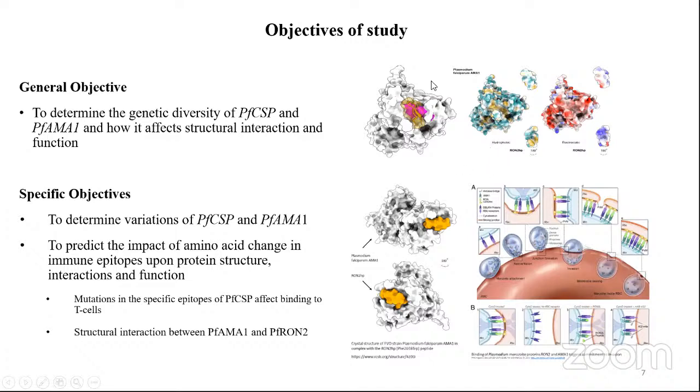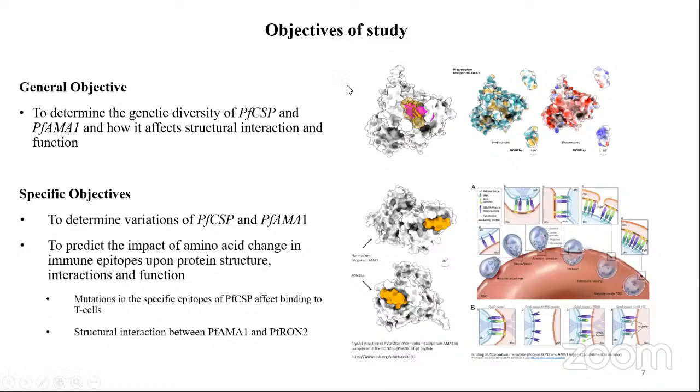Some studies have been conducted, and we know the structure of PfAMA1. Furthermore, we want to ascertain if the binding poses some kind of structural conformational changes between the wild type, which in our case is the Pf3D7 reference strain, and the various diverse strains we found in our population.